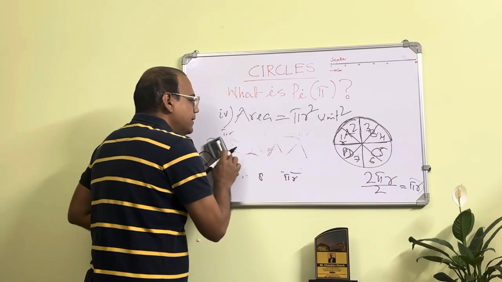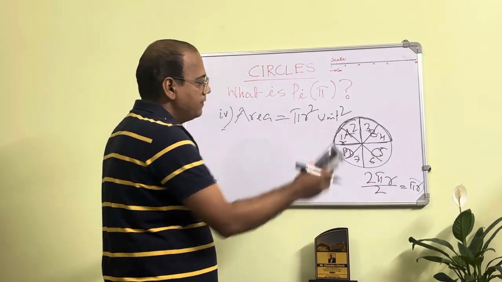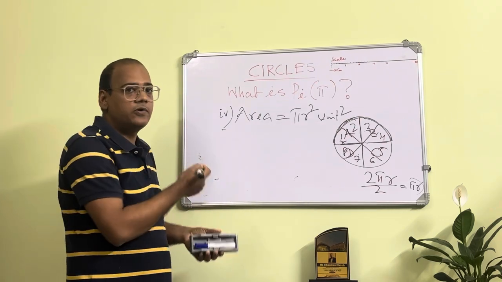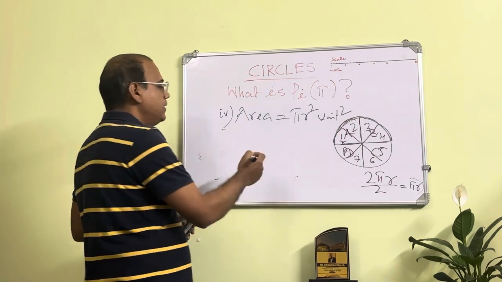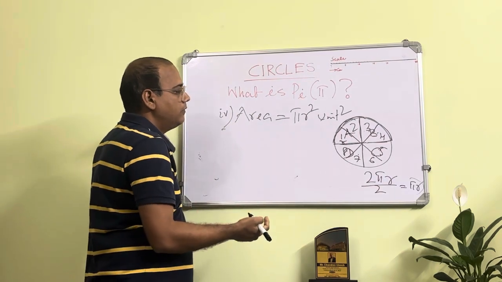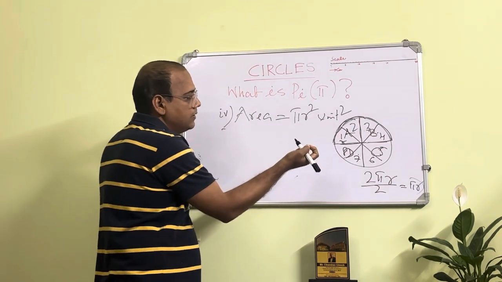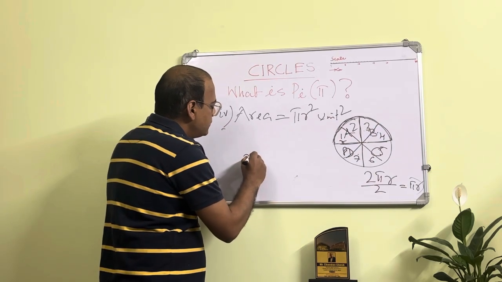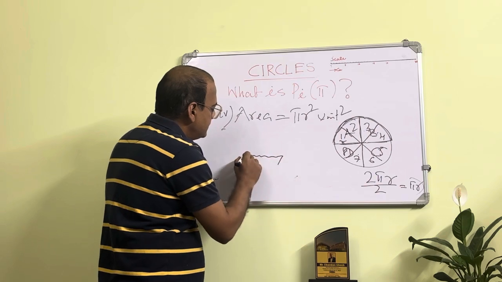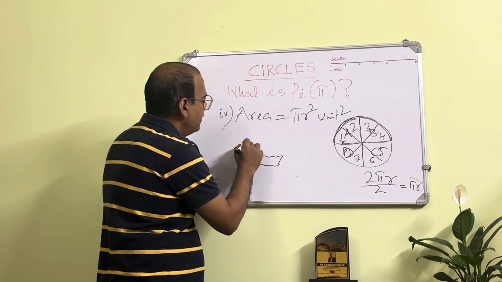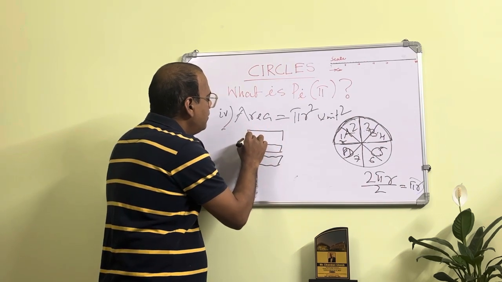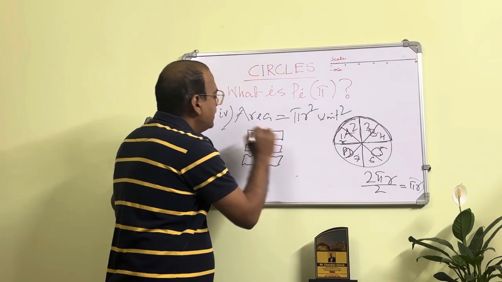If you keep splitting, let's say next, if you want to split it even further into 16 equal pieces or 32 equal pieces, 64, eventually the size of these pieces is going to go down, so eventually it will form like this, and then eventually it will form a rectangle.